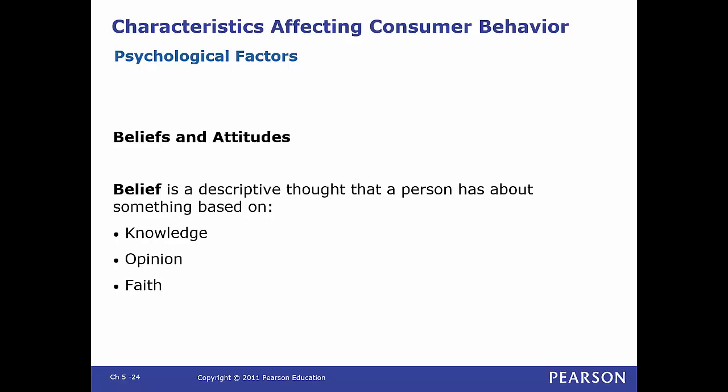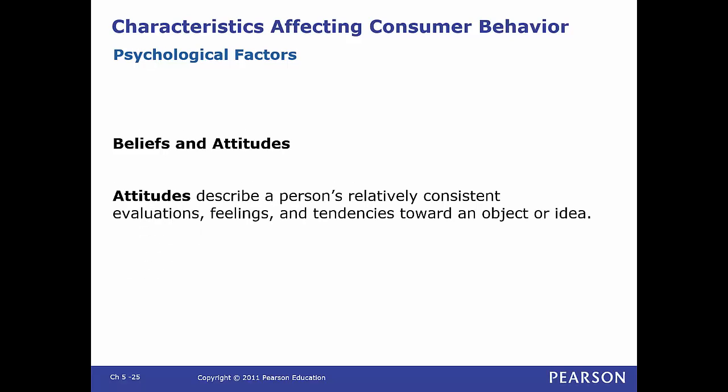The more knowledge we have about an object, for example a product, if we have positive beliefs about the object, then we can say that our attitude will be positive towards this object. So attitude can be defined as the consistent evaluation about the object. If we have good beliefs about a product, then our attitude will be positive about this product.